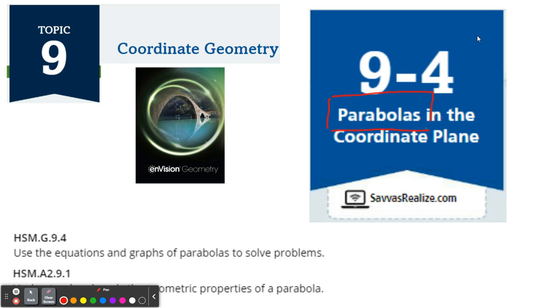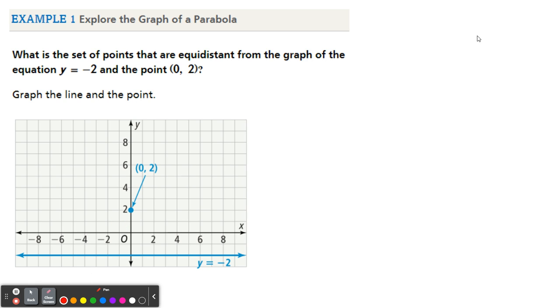And we're going to use a sort of different formula today than maybe what you're used to when I say the word quadratic or parabola. Okay, so it says explore the graph of a parabola. What is the set of points that are equidistant from the graph of the equation y equals -2 and the point (0, 2)?